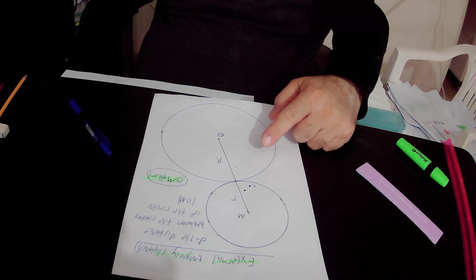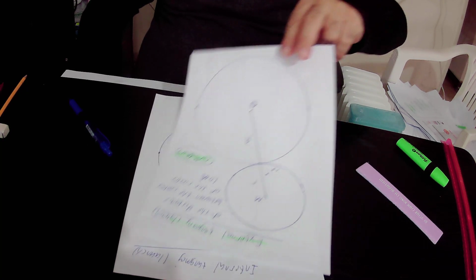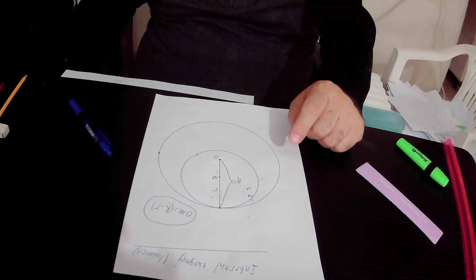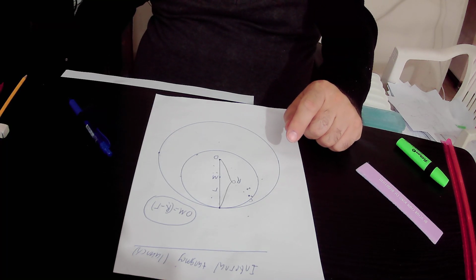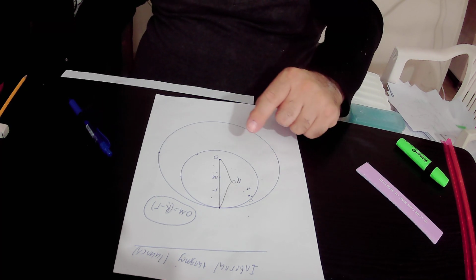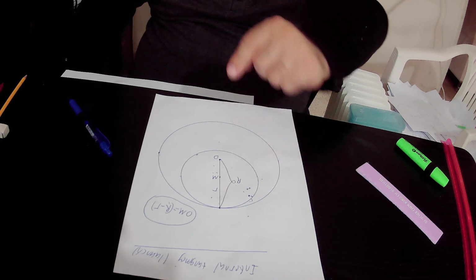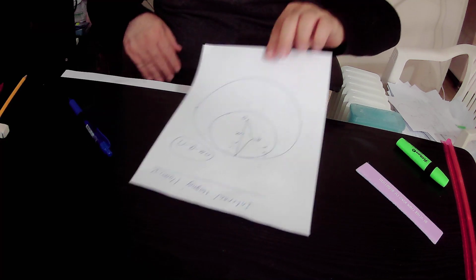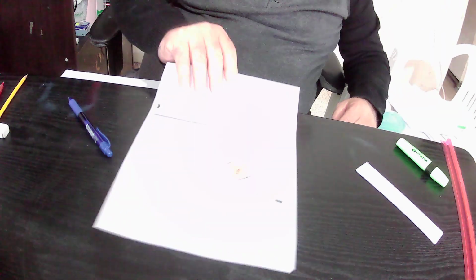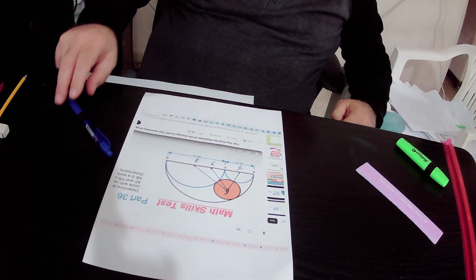In this case, it will be equal to capital R plus small r, while if there is an internal tangency between two circles, like in this drawing, then the distance between the centers will be equal to the difference between the lengths of their radii. That is to say, it will be equal to capital R minus small r. We will use these two new rules in order to find out the lengths of the line segments in this drawing.